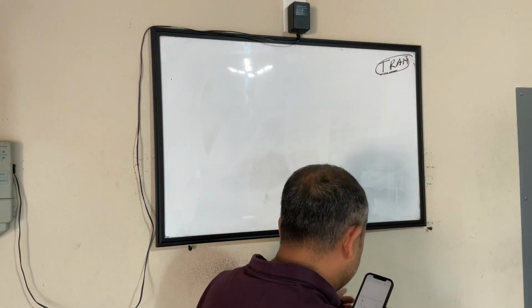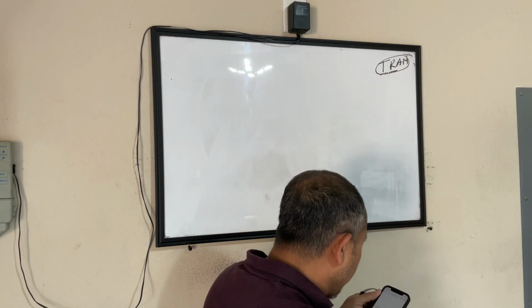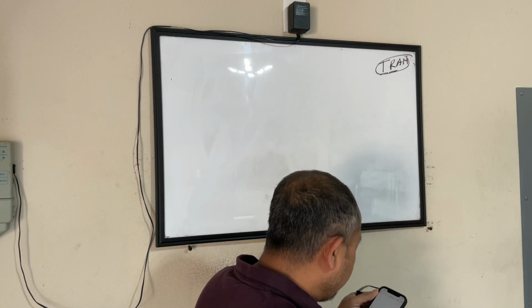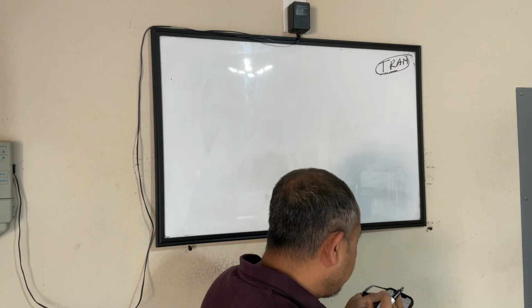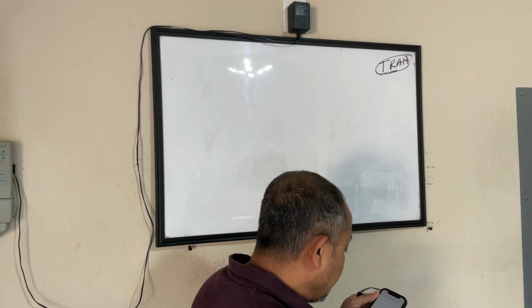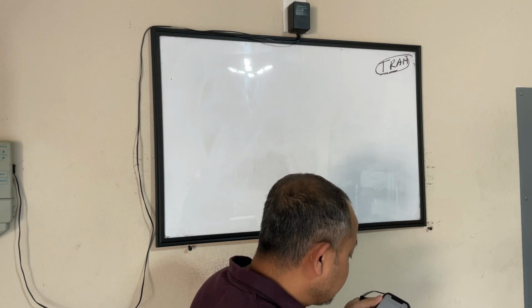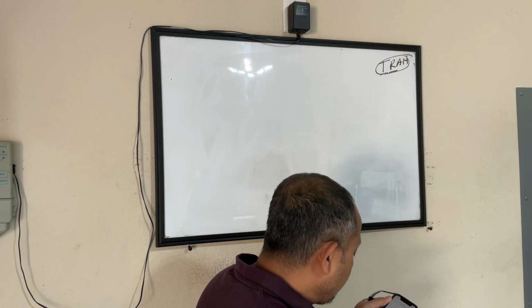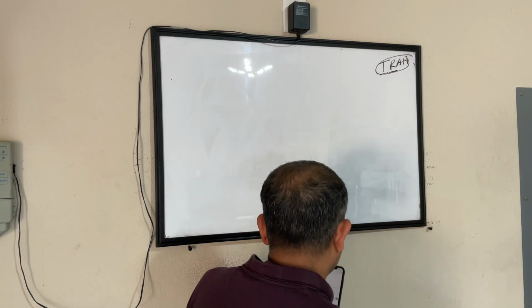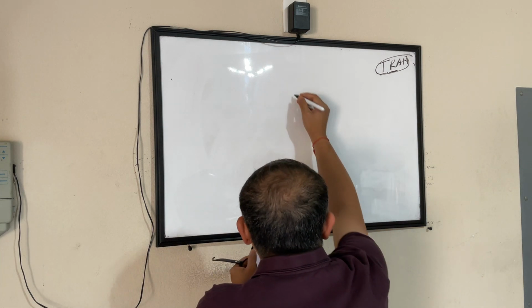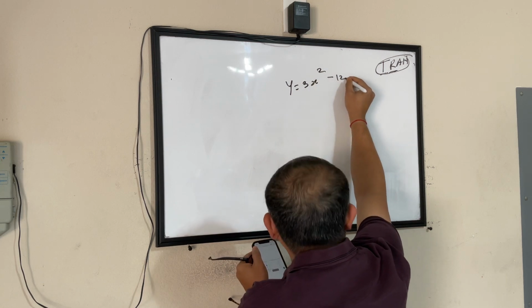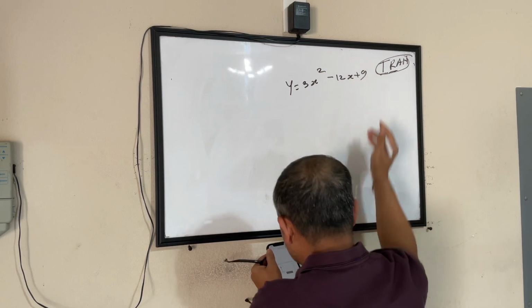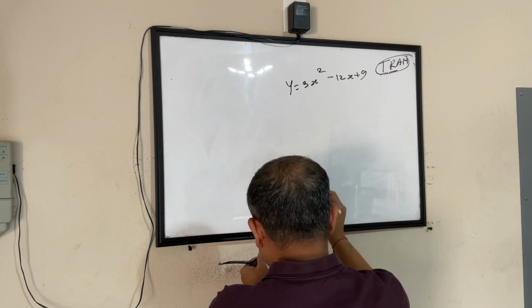The first question says, the graph of y equals 3x squared minus 12x plus 9 is shown. If the graph crosses the y-axis at the point (0, k), what is the value of k? So I'm just writing it down. The graph of y equals 3x squared minus 12x plus 9 is shown below.